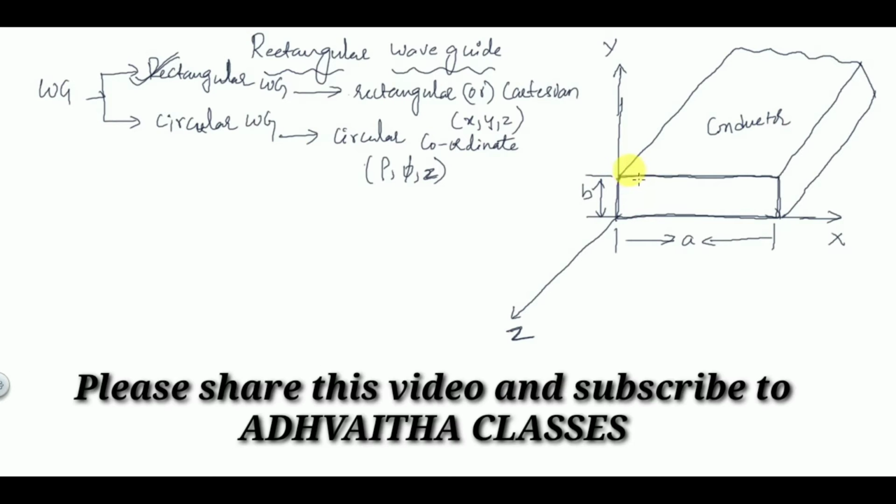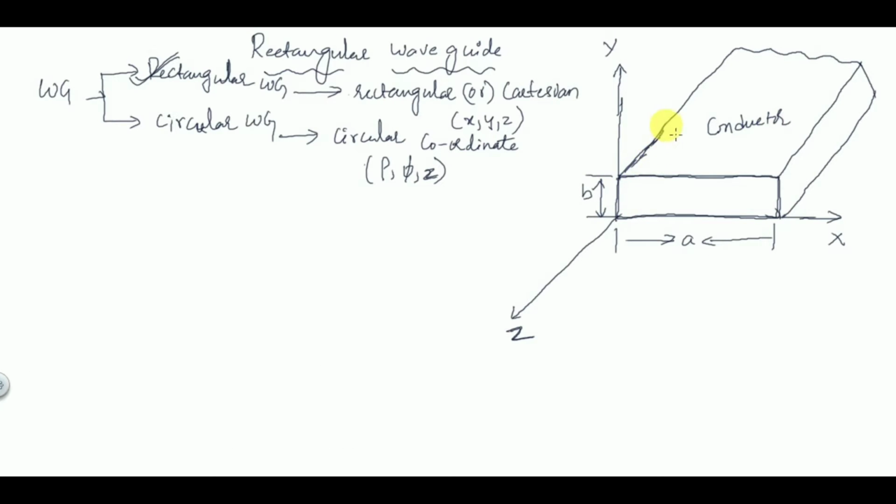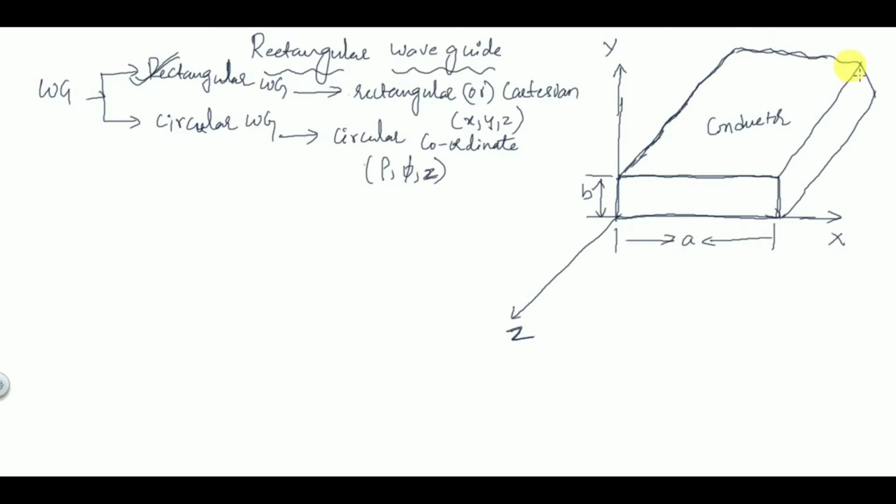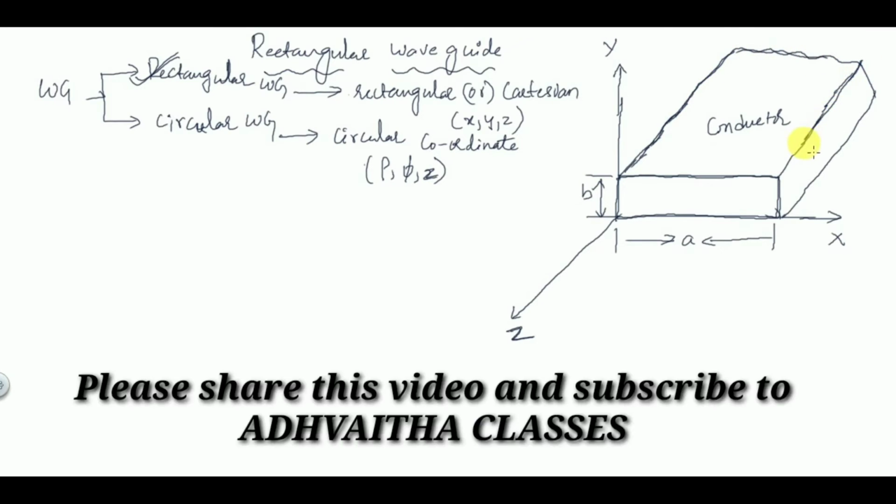There will be walls around, so all along this boundary there will be walls along the waveguide.